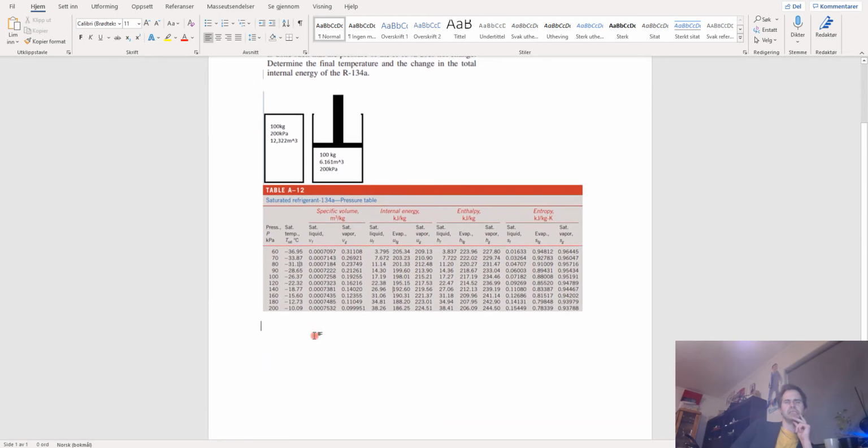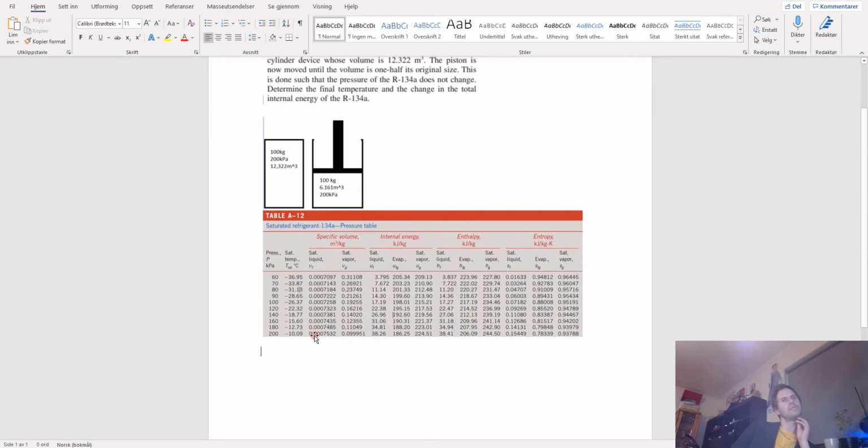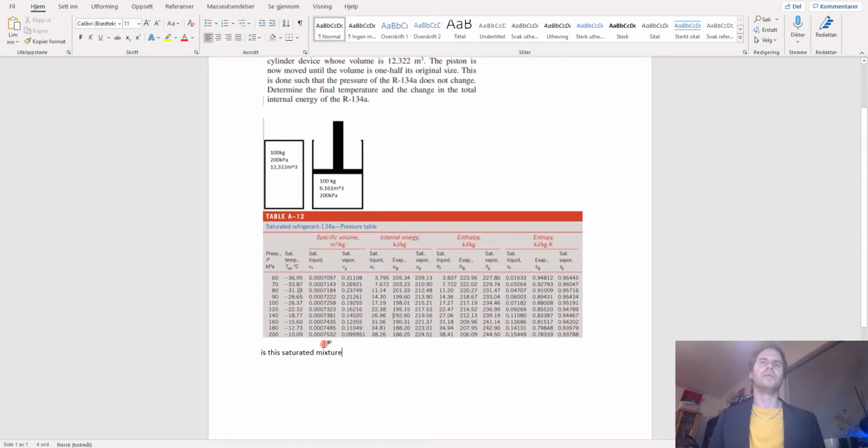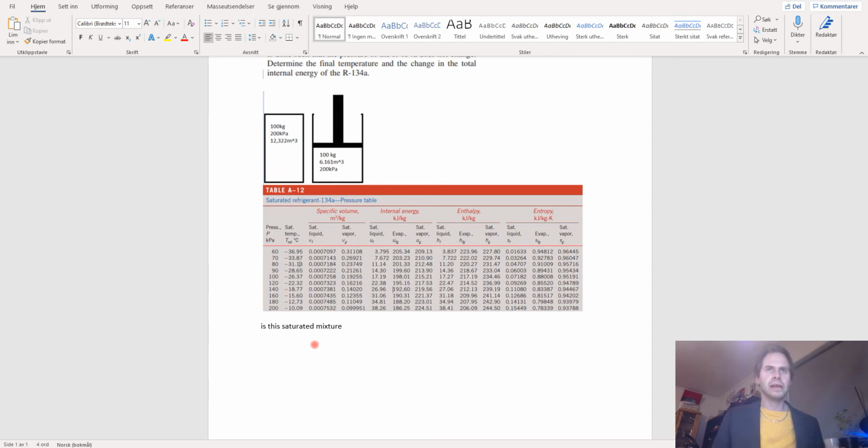In this initial position, is this a saturated mixture in stage 1? Let's see, we have 12.322. Okay, let's see here. The vg is 0.099951 cubic meter per kilo.